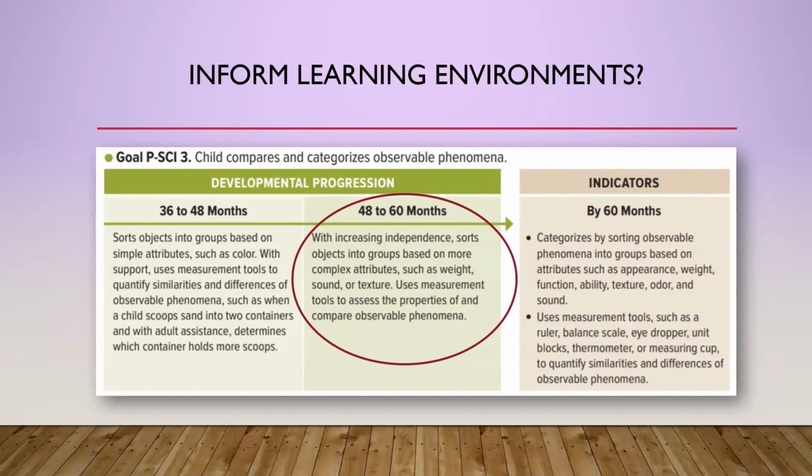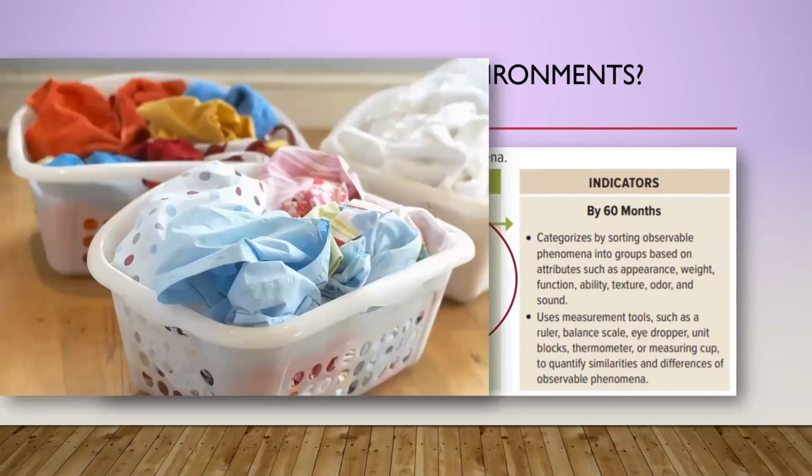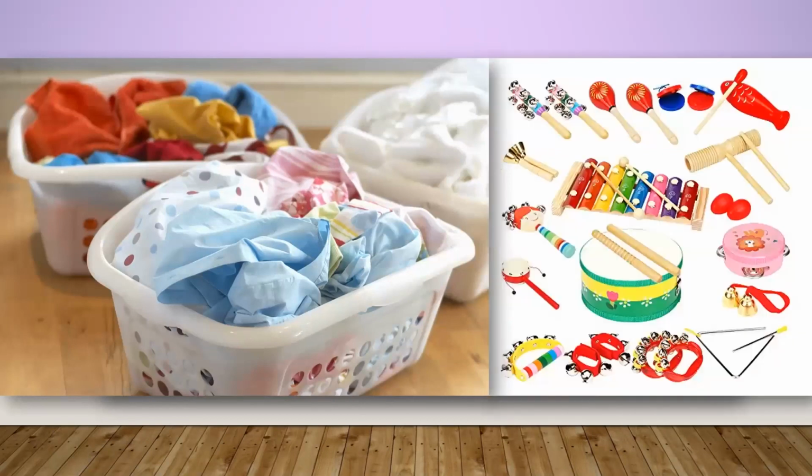What could you put in the learning environment to prompt this type of sorting? Perhaps during your clothing study, you may create an interest area featuring clothing with a variety of textures and baskets to sort them into. Or, if you're currently doing a music study, you could provide a variety of instruments that make a different type of sound, such as a variety of drums, shaker eggs, and bells.